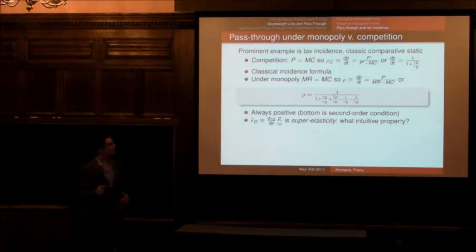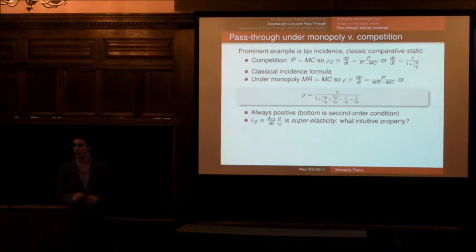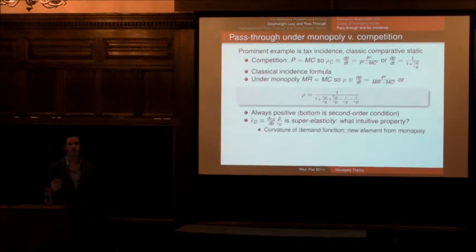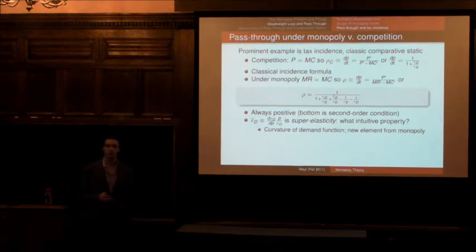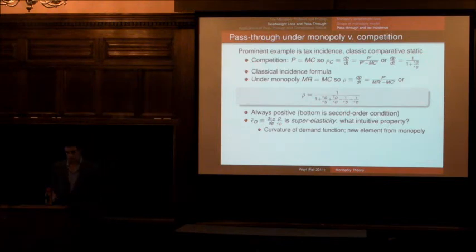And that means that the demand curve is concave, or less convex. If it's small or negative, that's going to mean the demand curve is very convex, right? And this is the key additional element of monopoly, and we saw this in those earlier diagrams I was showing you, which is that the relationship between the marginal revenue and demand curve is determined by the curvature, and we're picking that up exactly here by this superelasticity.